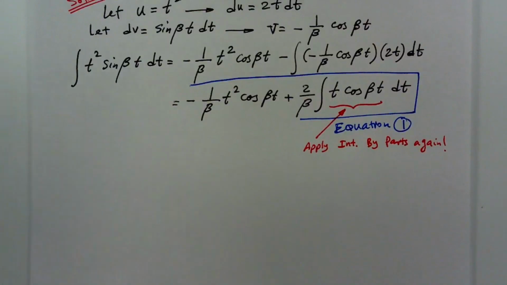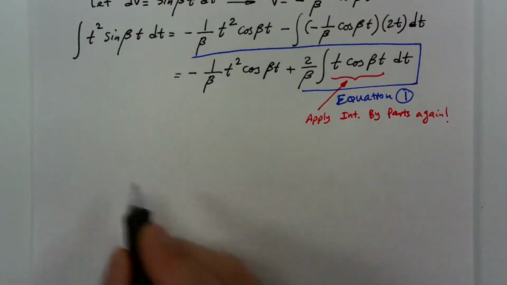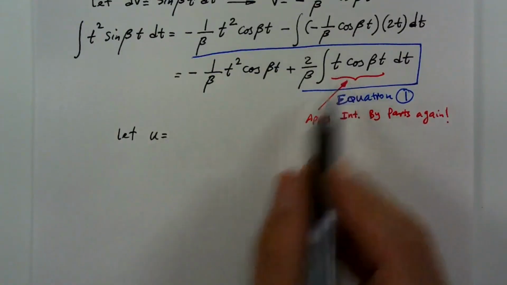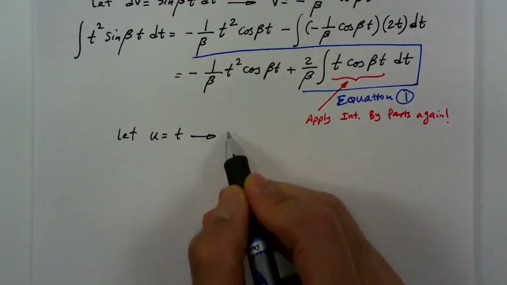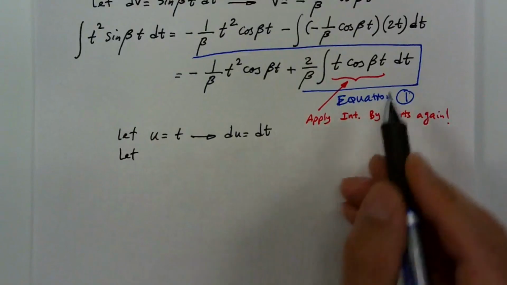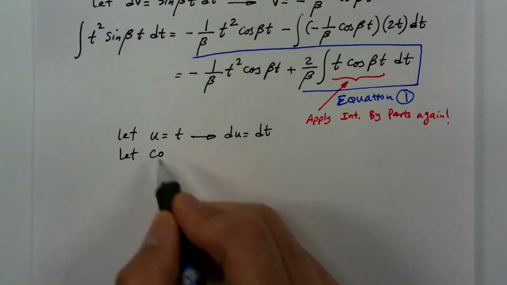So now we're becoming familiar with how this works. So then, once again, let u be equal to t, calculate du, which is equal to dt, then let the rest of this be dv.